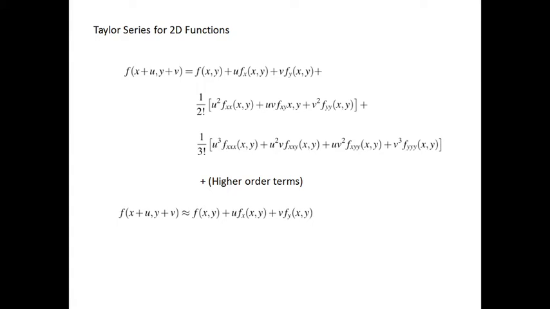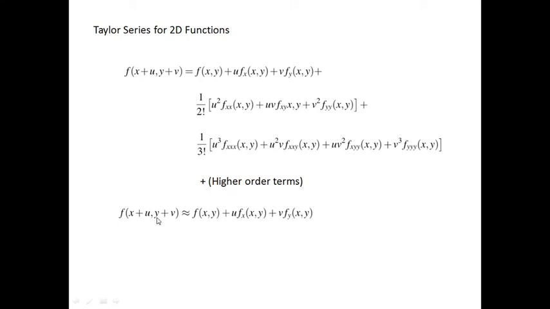For my best case, I would like to neglect the second, third and all remaining higher order derivatives. If I neglect all these terms, my equation for f of x plus u comma y plus v results in f of x comma y plus u into fx of x comma y plus v into fy of x comma y.